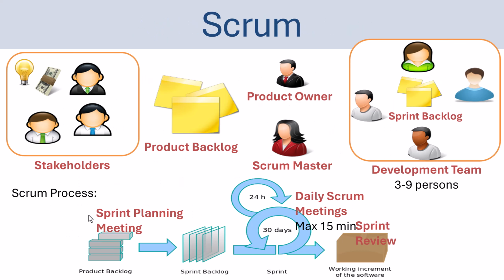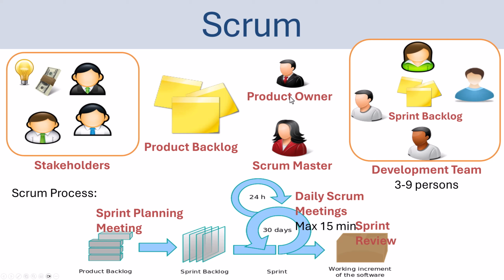So here you see a typical organization of a typical Scrum project, where you have a development team with multiple persons. You have a Scrum Master. The Scrum Master is some kind of project leader or project manager for the development team. And the product owner is the person that owns the project. He's the role manager.